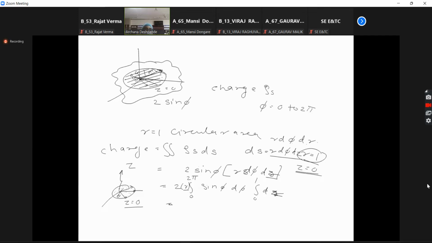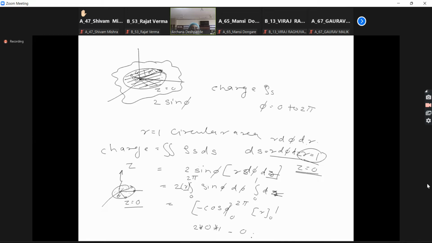If you calculate this, the answer is going to be 0 because the integration of sin phi will be minus cos phi, limit 0 to 2 pi, and this r with limit 0 to 1. If you substitute cos phi from 0 to 2 pi, the answer is 0. So 2 into 0 multiplied by 1 will be 0. This means the flux which is emitted is 0.